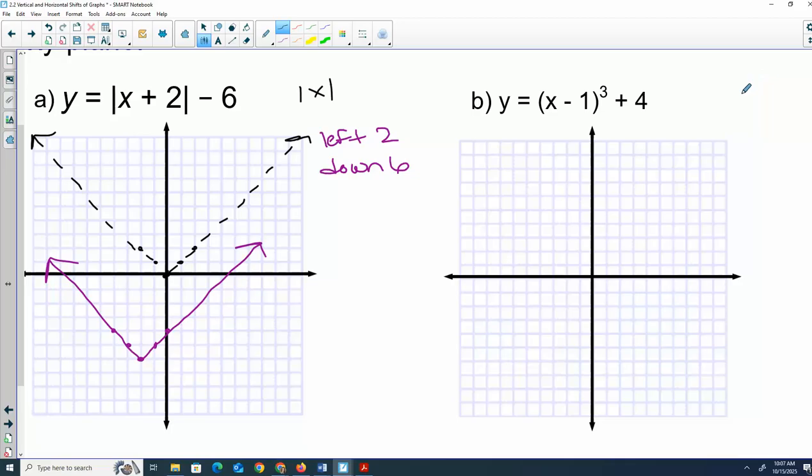On B, what's my parent function? X cubed, so that's our chair, 0, 0, 1, 1, 2, 8, negative 1, negative 1, negative 2, negative 8. Okay, what's the transformation here?